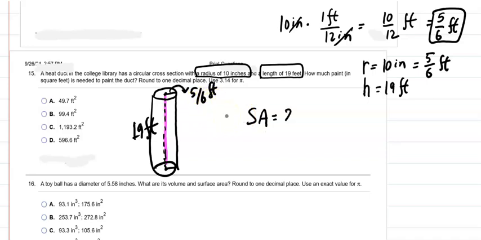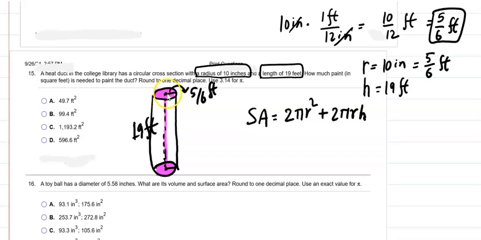This is going to be 2 pi r square plus 2 pi rh. That's the formula. But notice that this 2 pi r square is the area for this part, this top here. Let me highlight that here. This is the pi r square area.